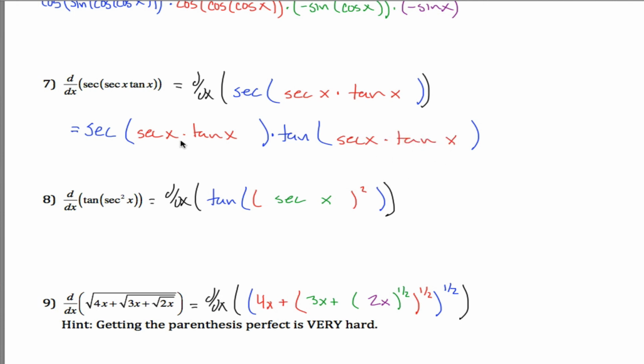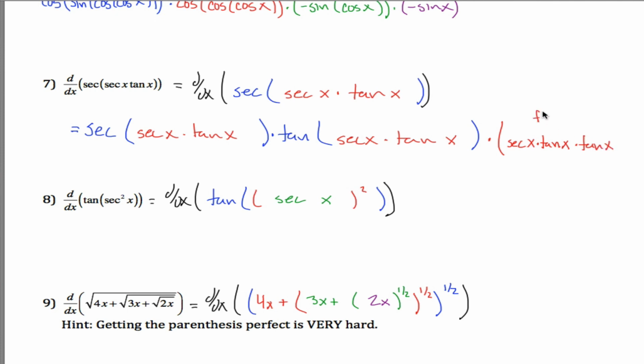But then you're not done. This is just taking care of the derivative of the blue. We have to multiply that by the derivative of the red. The derivative of secant of x times tangent of x, that's a product rule. It's something times something. So using the product rule on the red part, I get the derivative of secant is secant of x times tangent of x, and then leave this tangent of x alone.